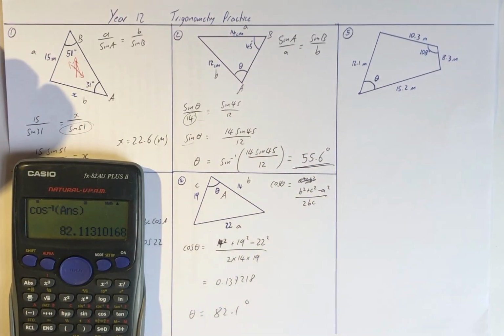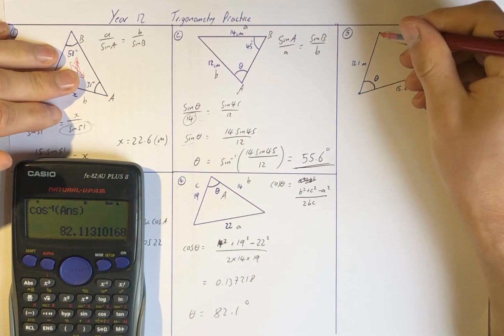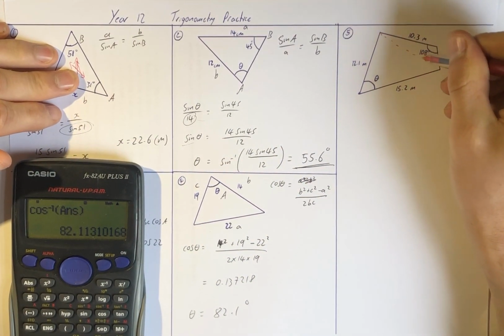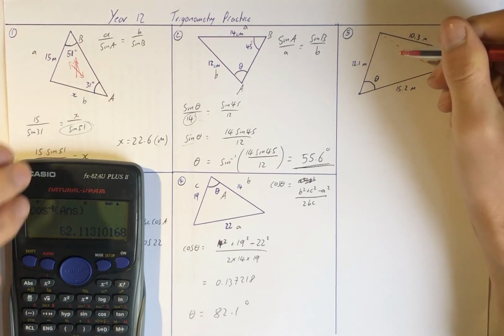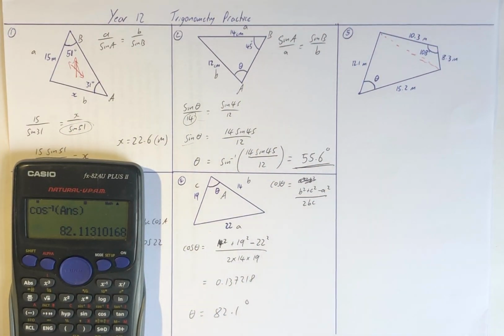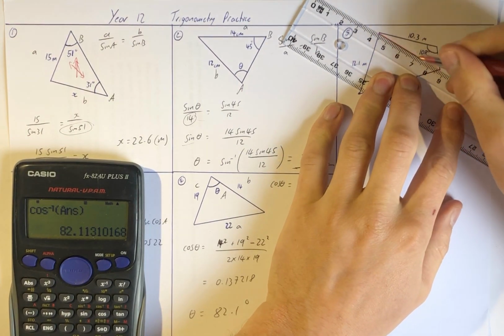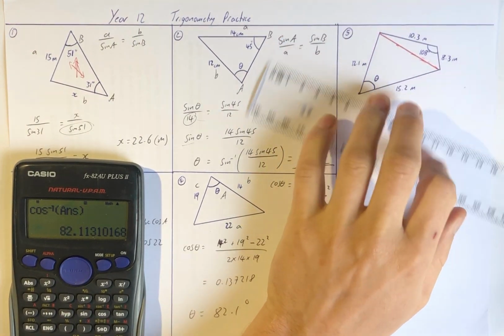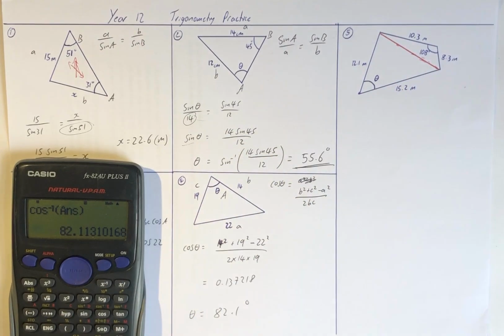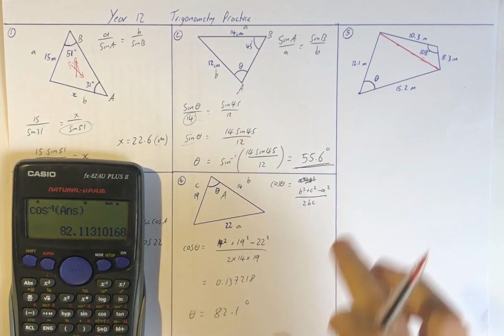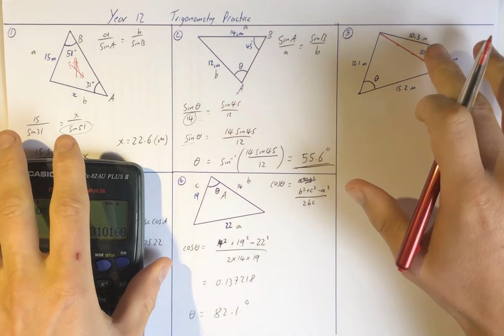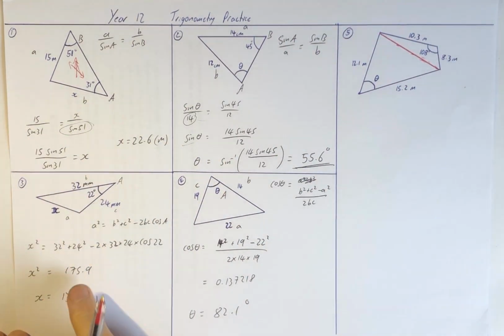Question 5 is a little tricky, but it's just 2 of these steps combined, isn't it? If I was to find the length of that line down there, this red line, once I had that red line, I'd be able to do exactly what I did here to find the angle. And to find that red line, I just do exactly what I've done here.